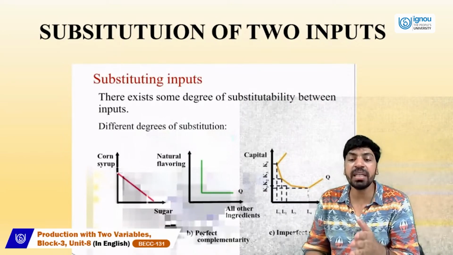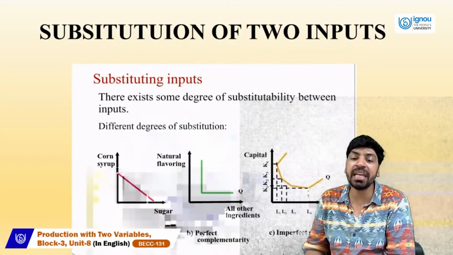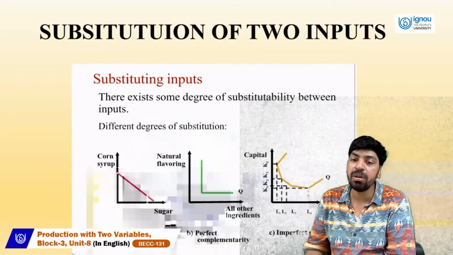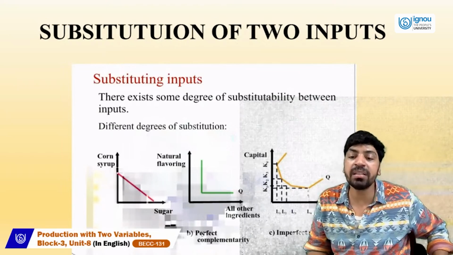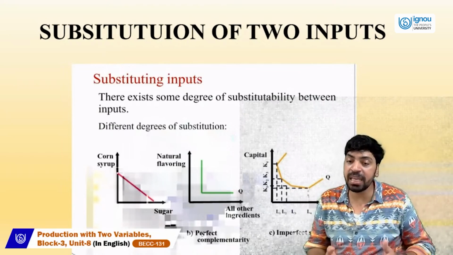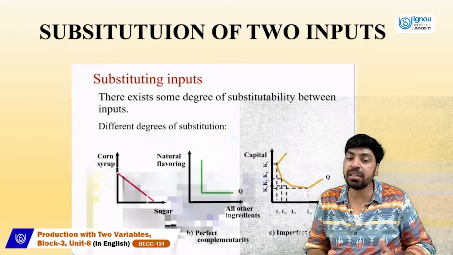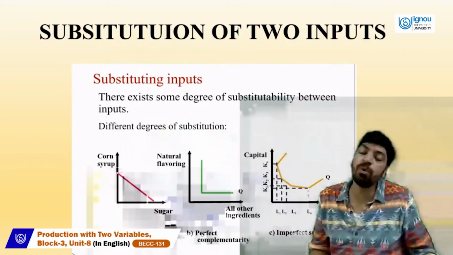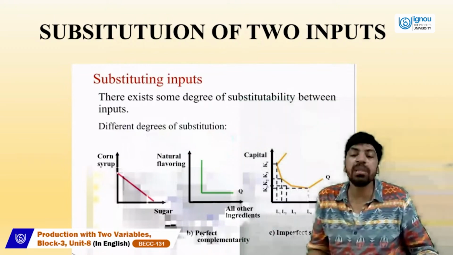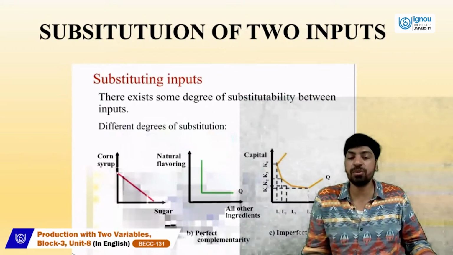If you see capital P1, P2, P3, and P4, or L1, L2, L3, and L4, the differences between the units of labor and capital are more and less, and that's called imperfect substitution.